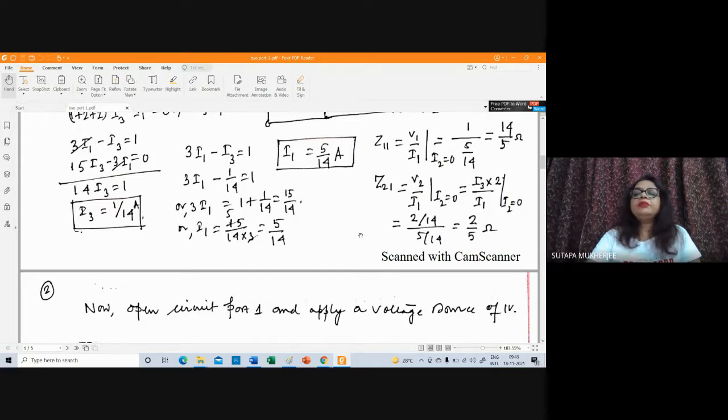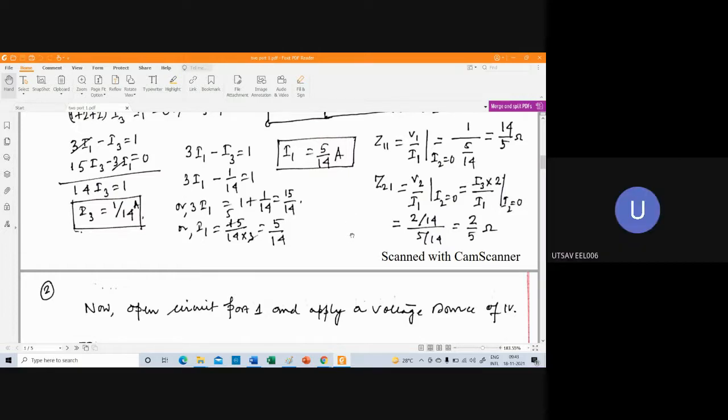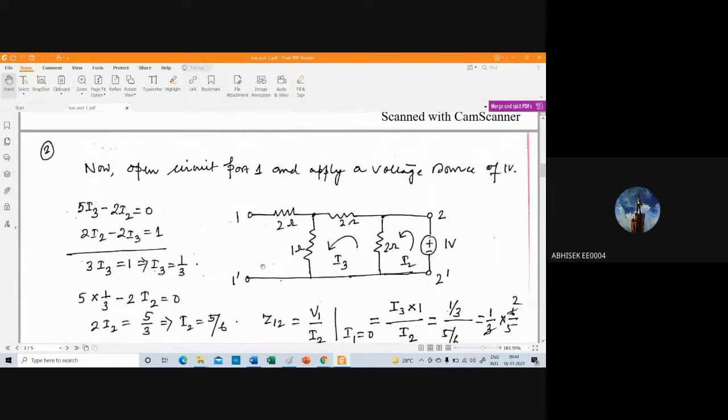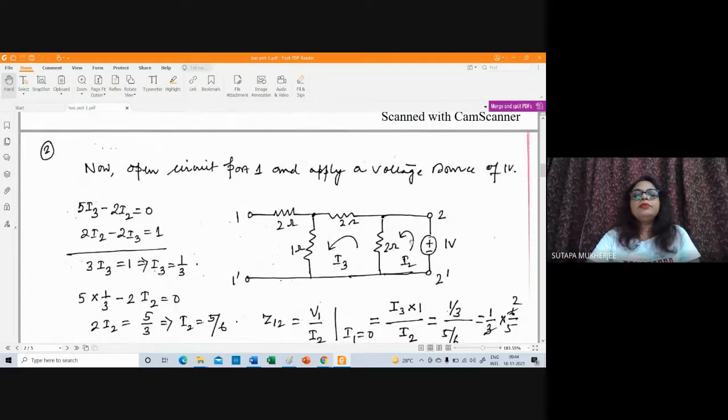So to get these parameters, which port you have to open? Port 1, that is I1. Port 1 is open. Fine. So come to this equation: 5I3 minus 2I2 equal to 0, and 2I2 minus 2I3 equal to 1. Similarly, you have put say 1 volt.